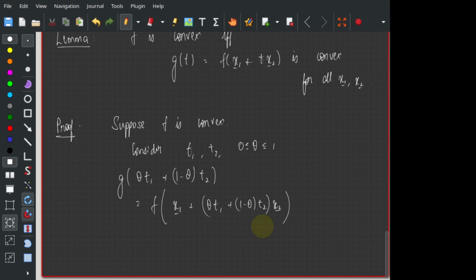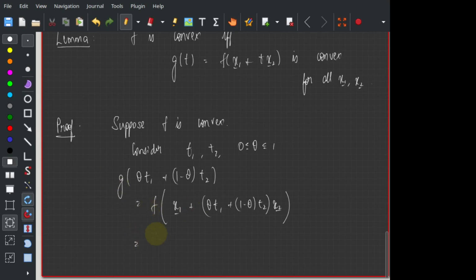But what is g of t1? It's f of x1 plus t1 x2, and g of t2 is f of x1 plus t2 x2. So I somehow want x1 plus t1 x2 and x1 plus t2 x2, correct? Anyway, I can get that here.